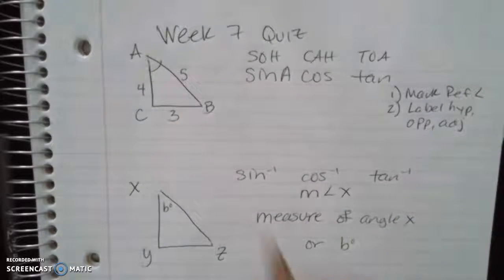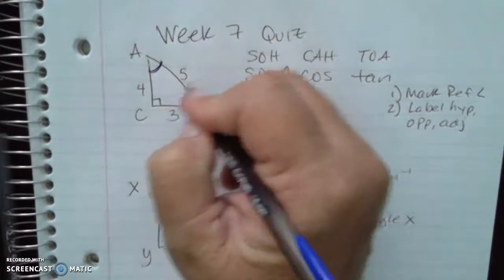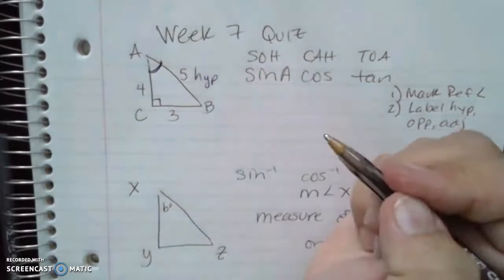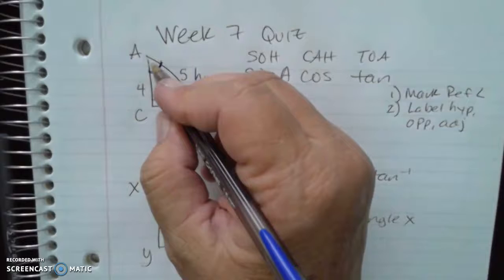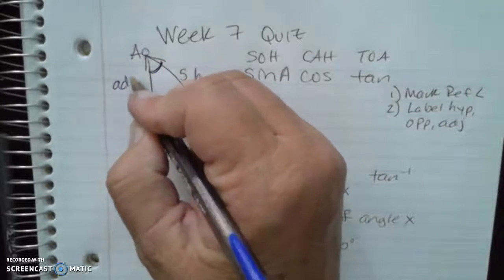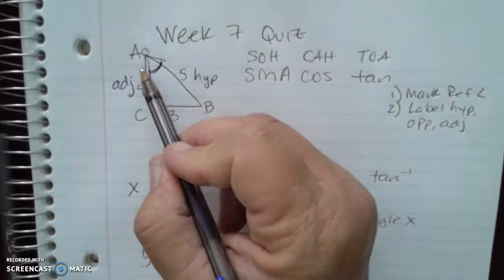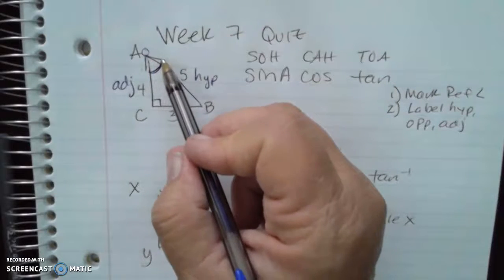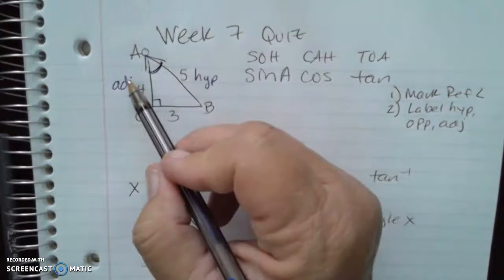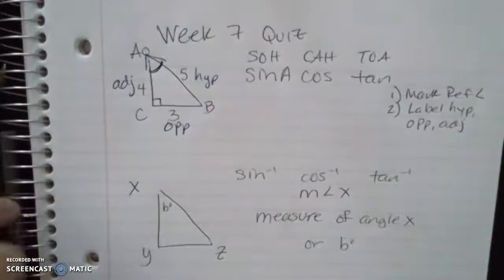So if my reference angle is A, then I always know that the side across from the 90 degrees is the hypotenuse. It's the longest side. Then if this is the little person and his arms are here, this is the adjacent. The arms are always going to touch the hypotenuse and one of the sides. So the hypotenuse is labeled hypotenuse. The other side the arm touches is adjacent, and then opposite.